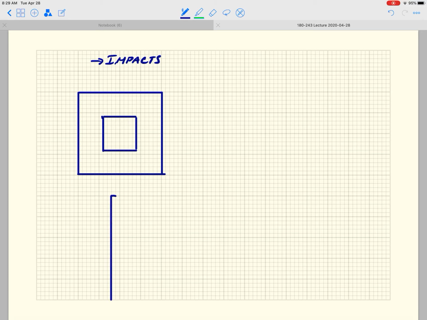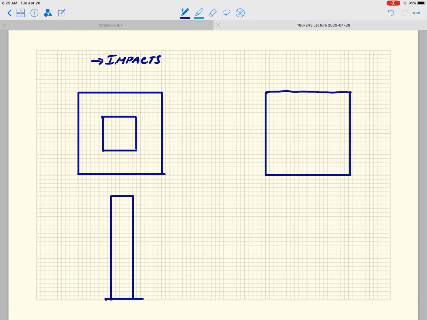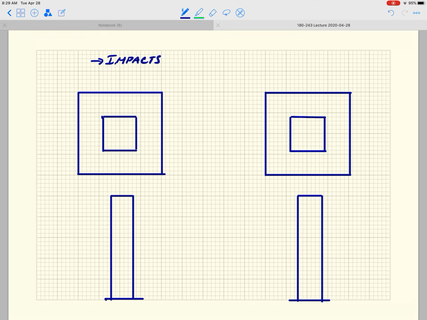Then I'm going to draw a vertical view of this like that. And I'm going to do that again over here. Okay, and then again I will do a vertical view.